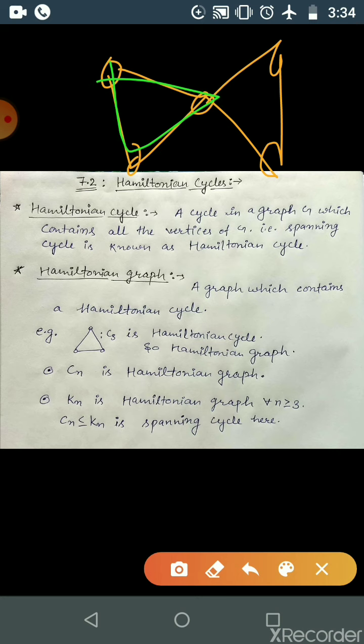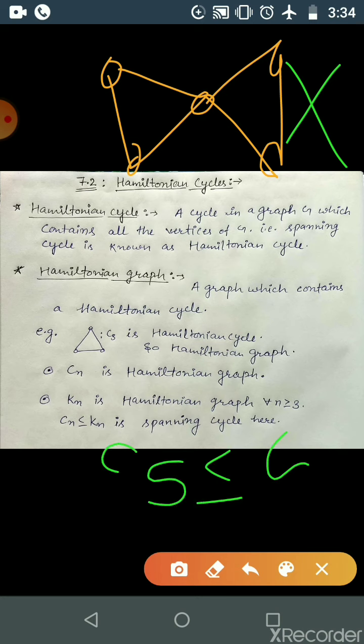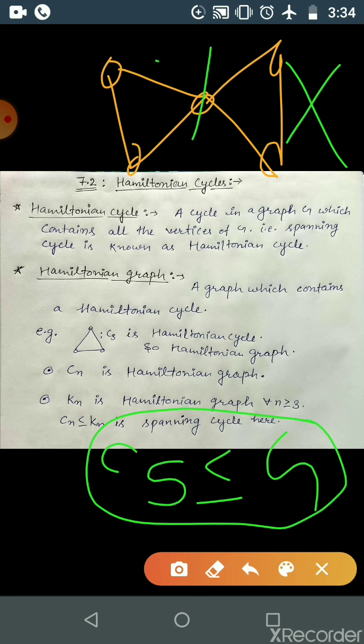So this is not a Hamiltonian cycle. This graph does not contain any Hamiltonian cycle, so this graph is not Hamiltonian. This graph contains 5 vertices, so if C5 existed in this graph, then it would become a Hamiltonian graph. But this is not true in this case, that's why this is not a Hamiltonian graph.